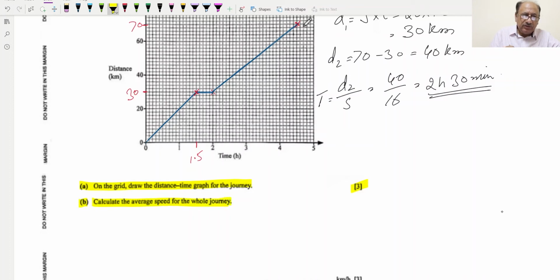So average speed will be total distance covered divided by the total time. Total distance we know is what? Total distance is equal to 70 kilometers, and total time will be how much?